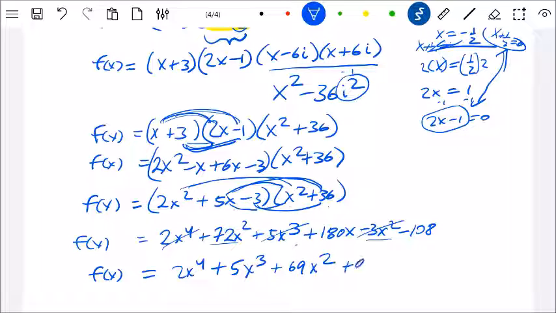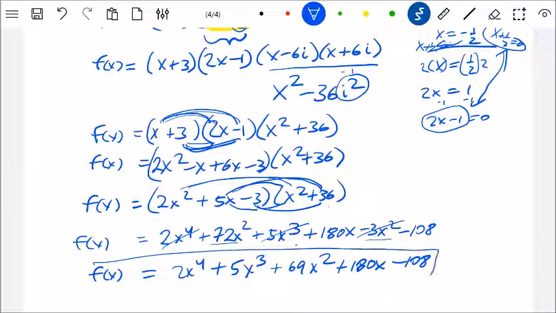And then the 180x, minus 108. Okay. So this looks pretty good.